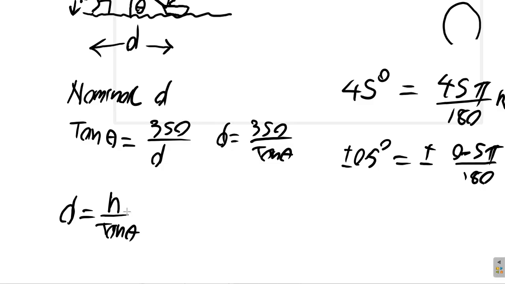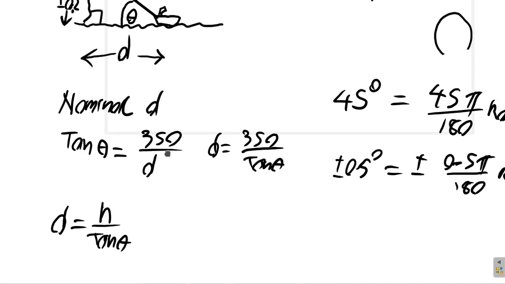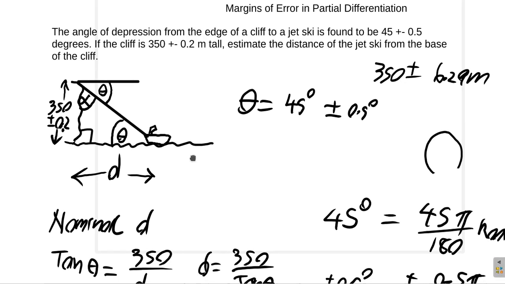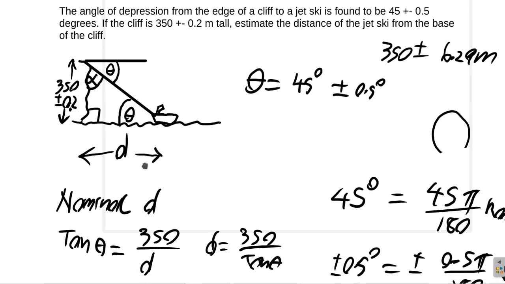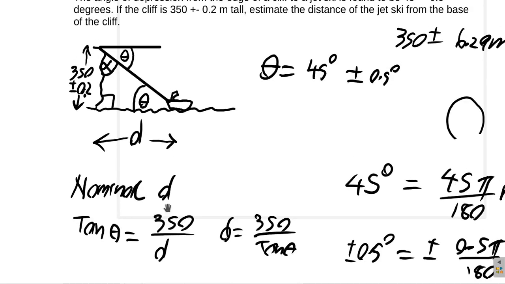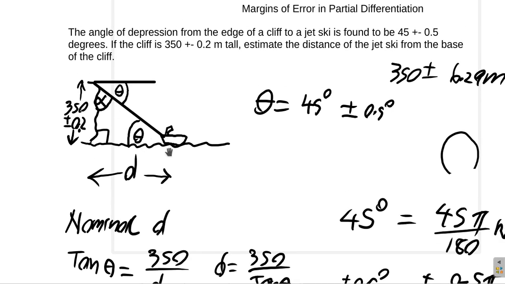Alright? This would be the cotangent. So what I'm going to do is look at the other angle, using the other angle.